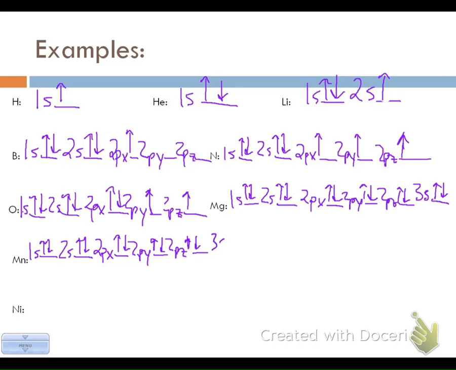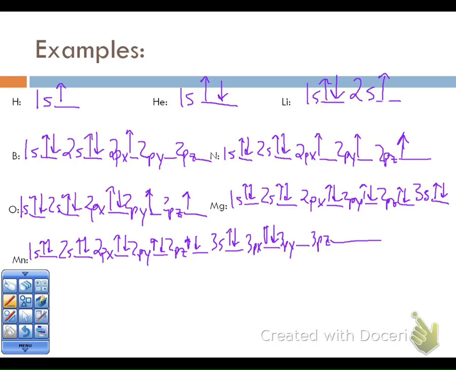So then we have 3s, up, down, that's magnesium. And then 3px, 3py, 3pz, up, up. Oh boy. Tell you, you can just get carried away doing this stuff. Alright, let's get back to doing it the right way here.